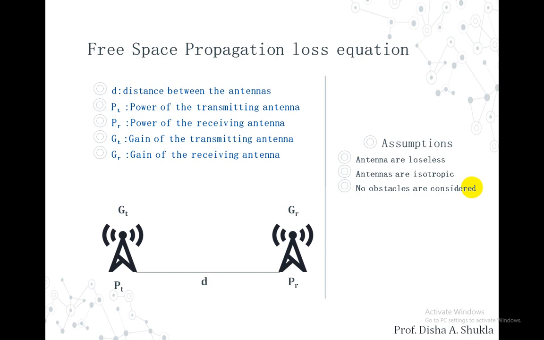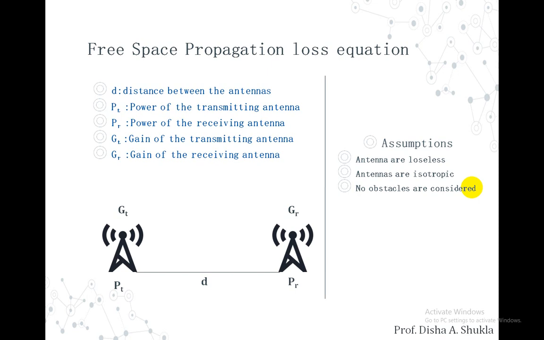Again, the antennas are isotropic. As I told, isotropic means they transmit equally in all directions, that is, they are omnidirectional. And there won't be any kind of obstruction between the transmitter and the receiver.